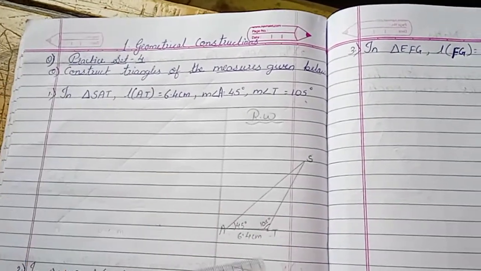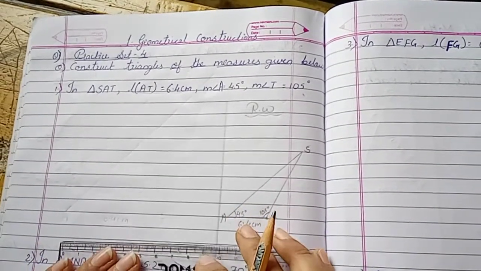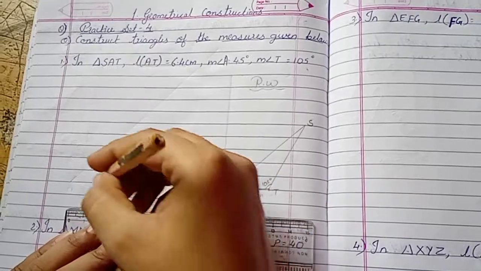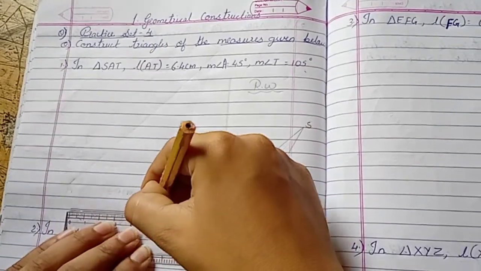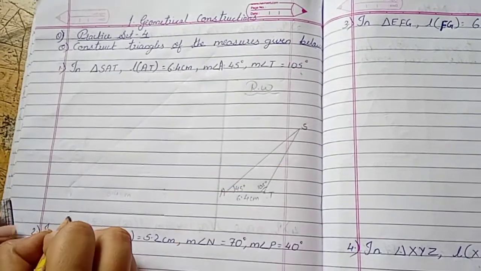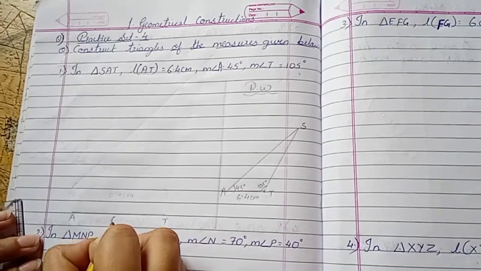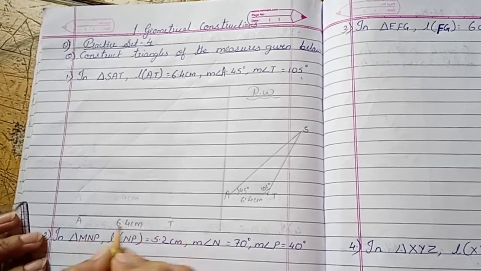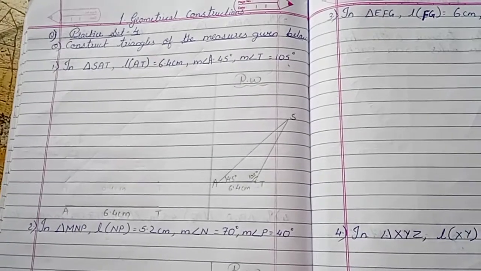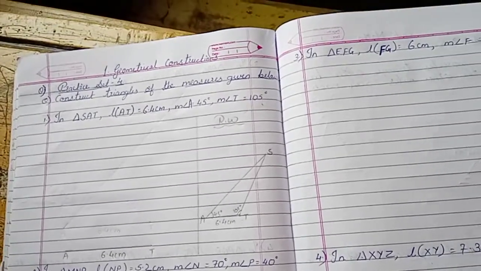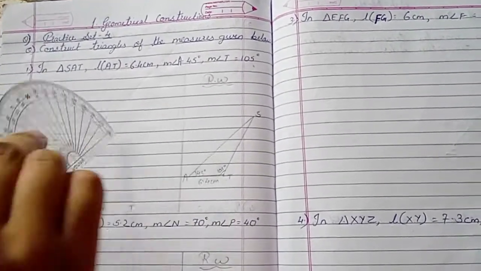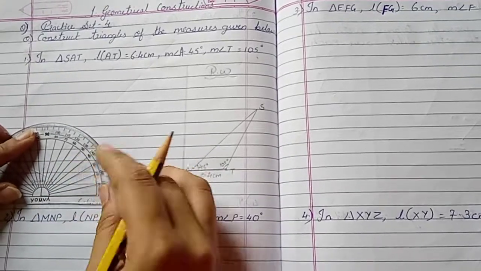Now with the help of an instrument I will take the base 6.4 centimeters. Here AT is 6.4 centimeters. Now with the help of the protractor I will take 45 degrees.